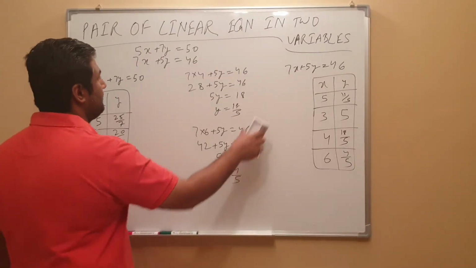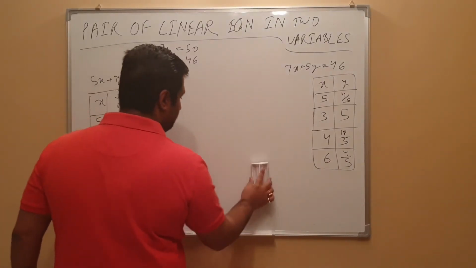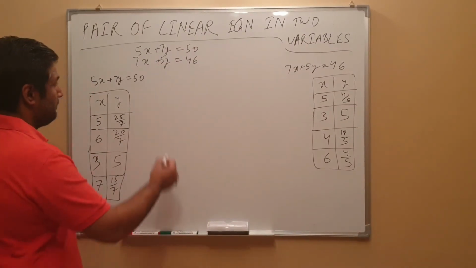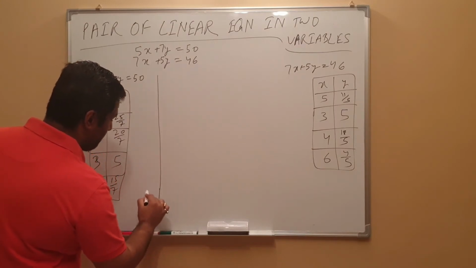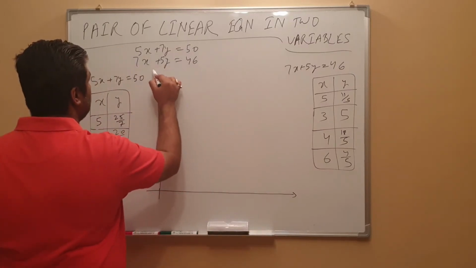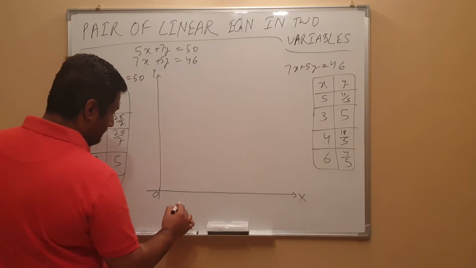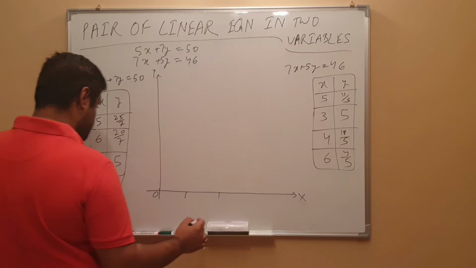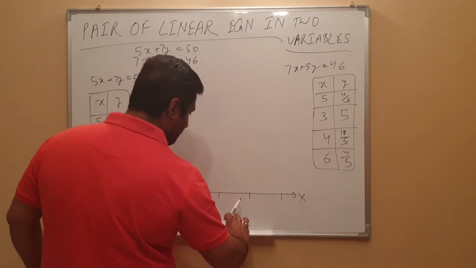Now we'll make a graph out of it. Now since x and y both are positive, we will just take the positive axis only. On the x-axis, this will be 0, 1, 2, 3, 4.